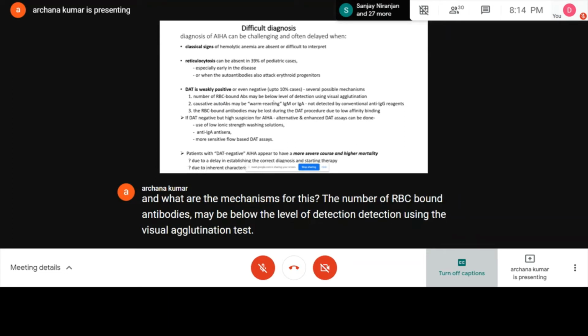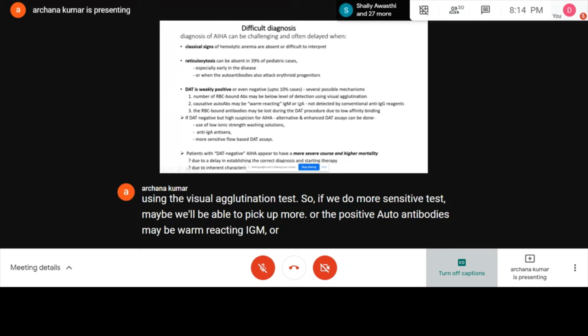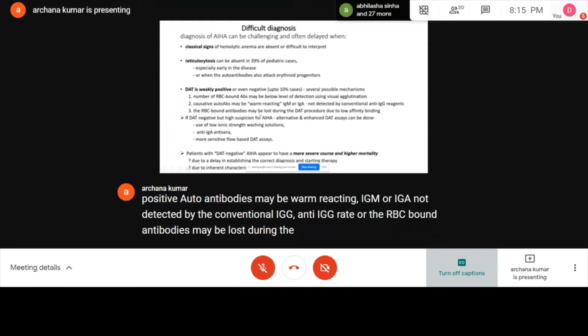So if we do more sensitive tests, maybe we'll be able to pick up more. Or the positive autoantibodies may be warm-reacting IgM or IgA, not detected by the conventional anti-IgG reagents.